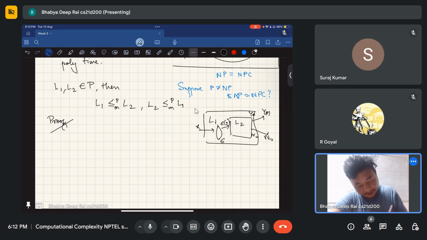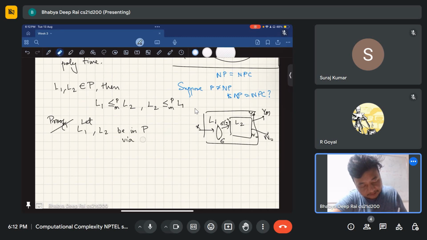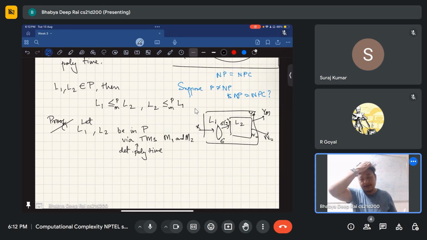Let L1 and L2 be in P, via Turing machines M1 and M2. These are deterministic polytime Turing machines. Both machines run in deterministic polynomial time because L1 and L2 are in P. Now here is the simple reduction.